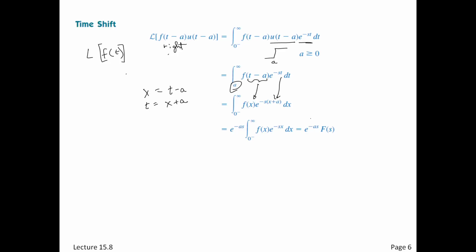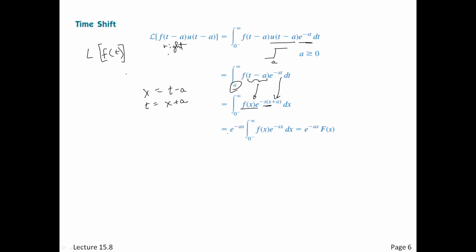So if we do this now, this math becomes kind of straightforward. We've got a function of x, which we're going to pull out. Because this is the sum of exponents, we can separate this obviously as the product of two exponents, e to the minus sx times e to the minus sa.